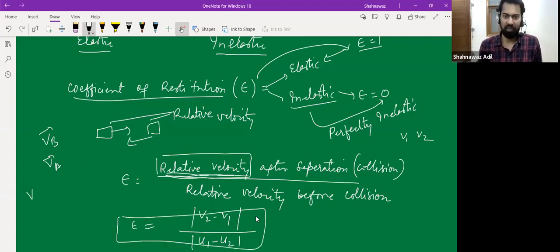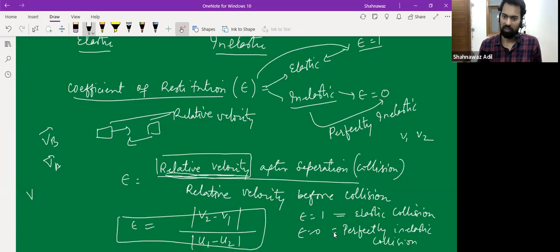Right. And if this is 1, then you have elastic collision. And if this is 0, then you have perfectly inelastic collision.